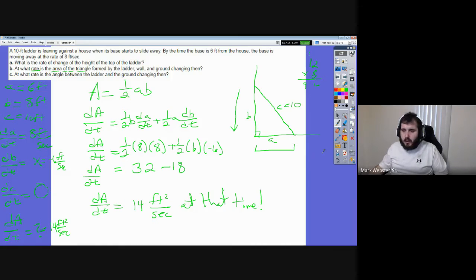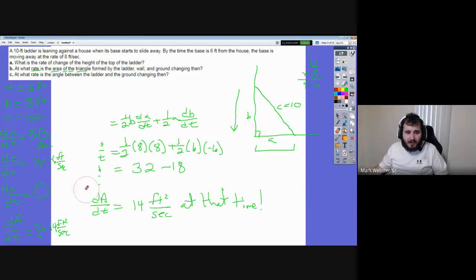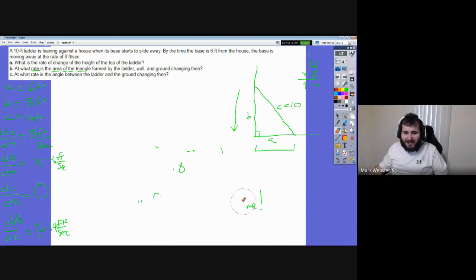I'm not gonna, you don't have to, but it should very well be that this does work. In fact, let's do this a bunch of different ways just because we can. Why not? We only have one more problem. So look, at what rate is the angle between the ladder and the ground changing?